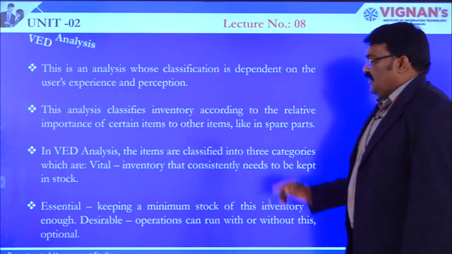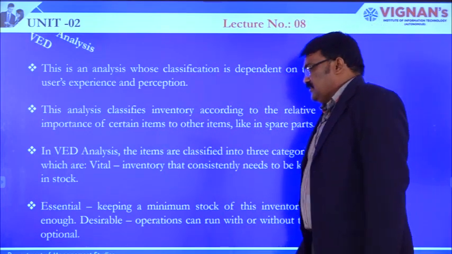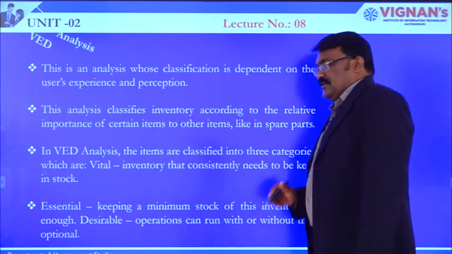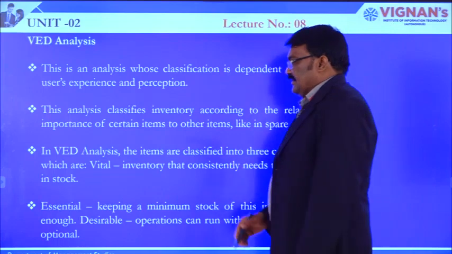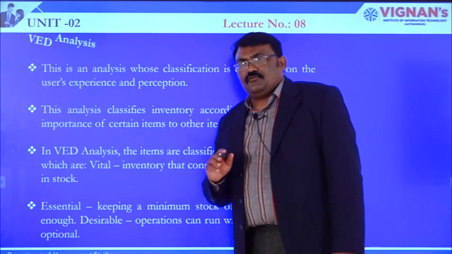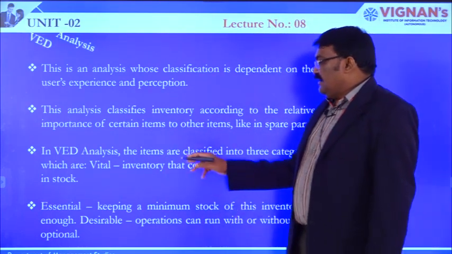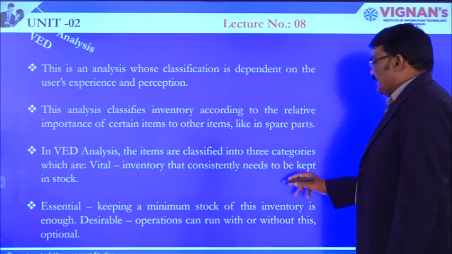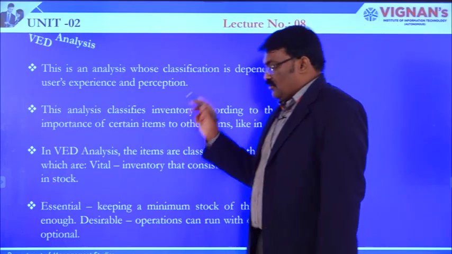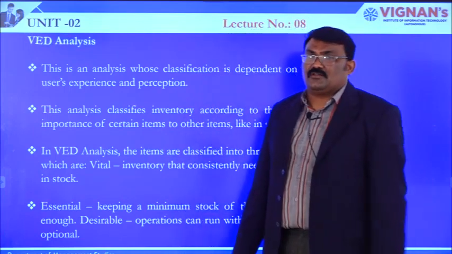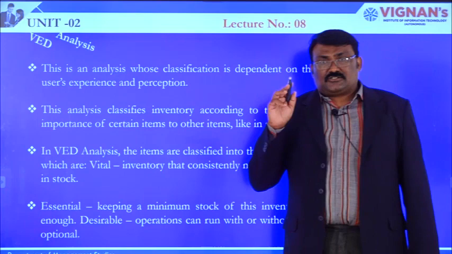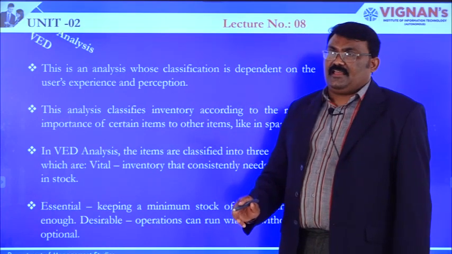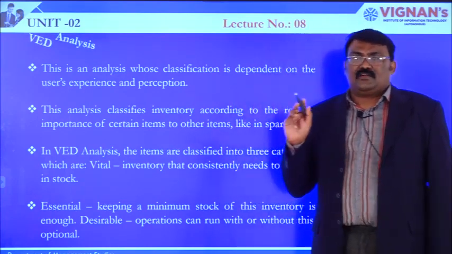In the third point, in the VED analysis, the items are classified into three categories. V stands for vital, inventory that consistently needs to be kept in stock. It has to be definitely there for the category of V, right.